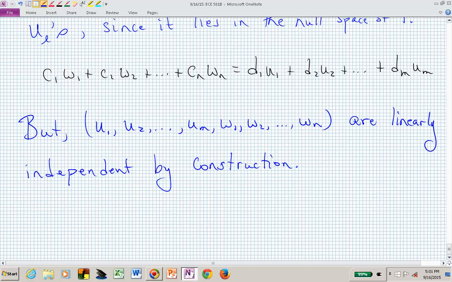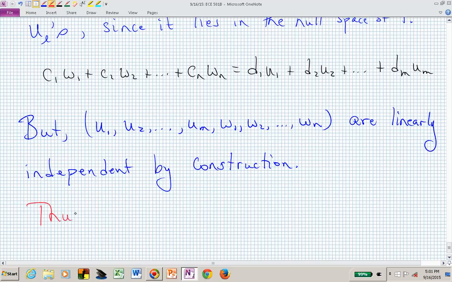What does that mean then about the C's and the D's? All those scalars have to be 0 for this equation to be true, because none of these linearly independent vectors can be equal to any other linear combination of those linearly independent vectors. Or you could put the D U's on the other side, that's equal to 0, and then what do you know about all those coefficients? Those linearly independent vectors equal to 0, the only way that happens is for those coefficients to be 0. Another way of thinking of it.